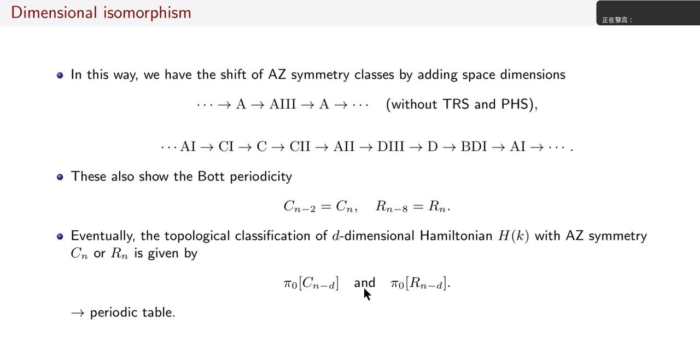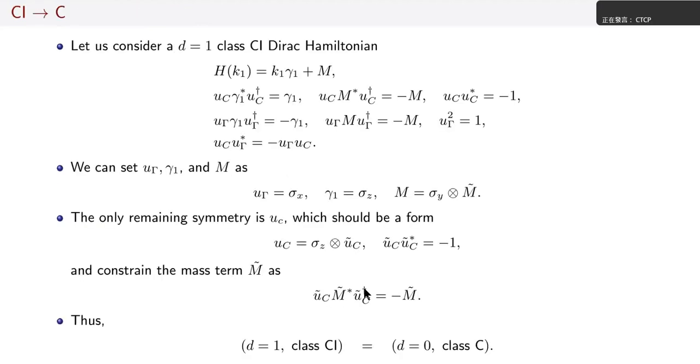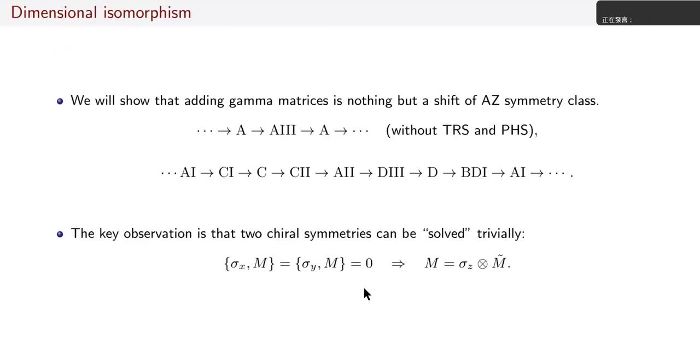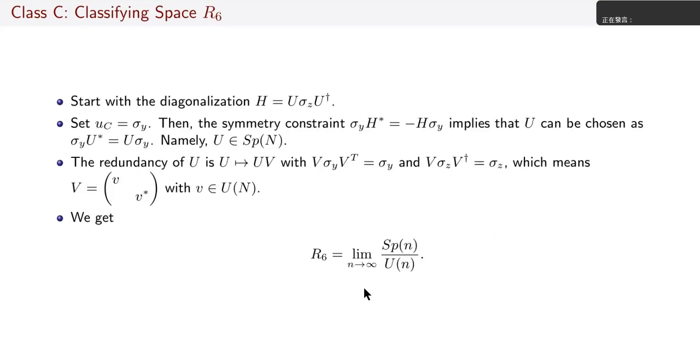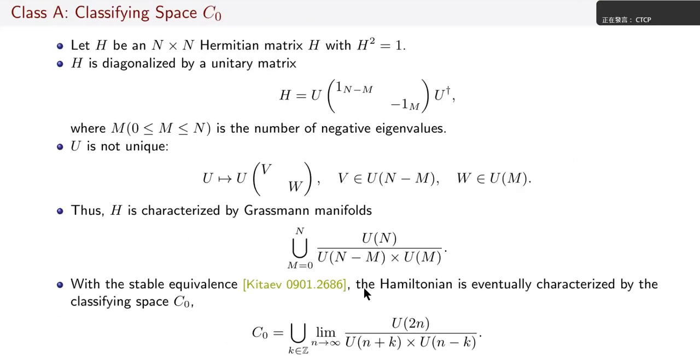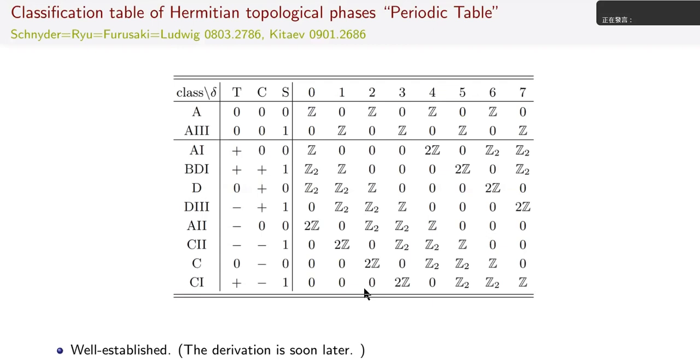It's called Bott periodicity in K-theory. So eventually the topological classification of a d-dimensional Hamiltonian with a given symmetry class is given by this pi zero of the classifying space. Then I get this classification table in terms of Hermitian physics.